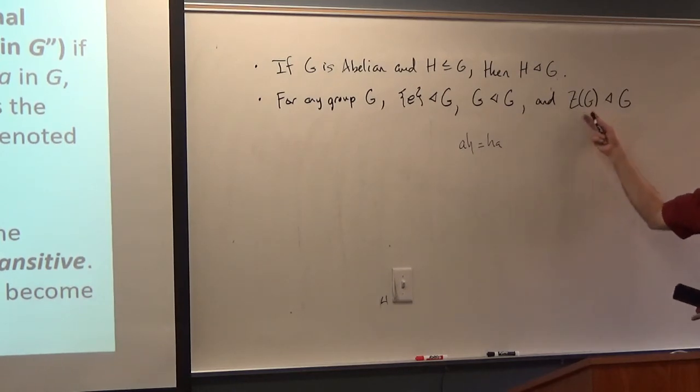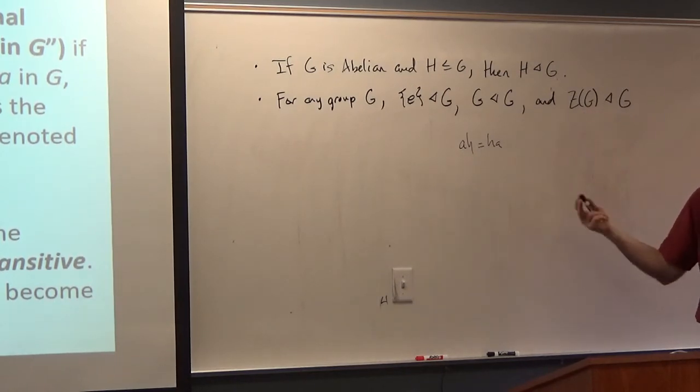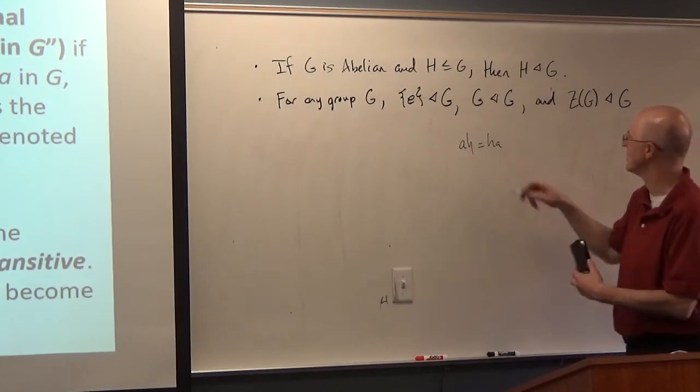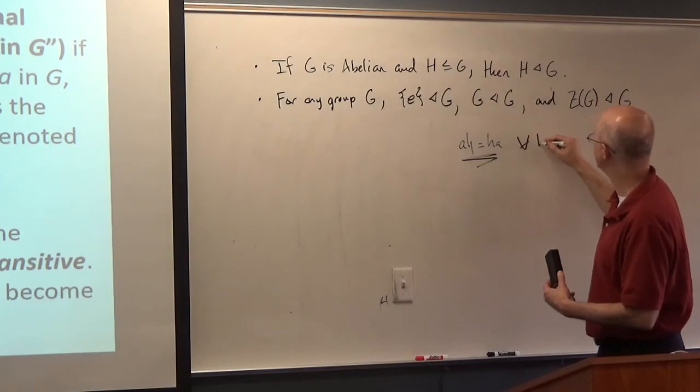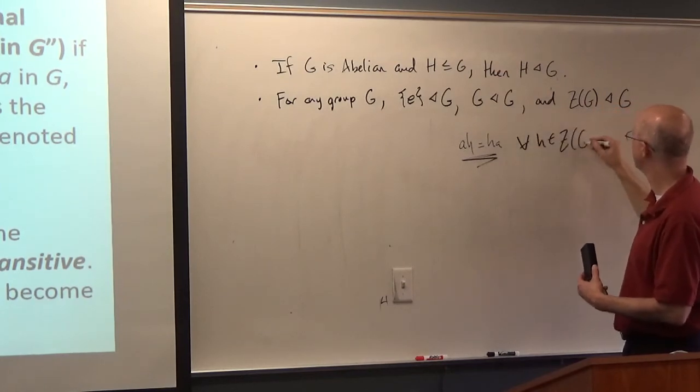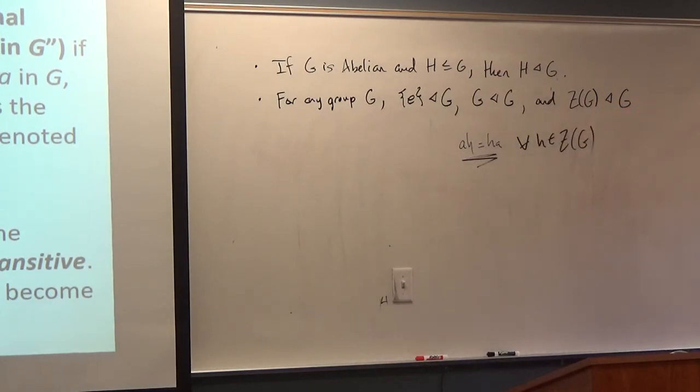The center of G is the set of all things that commute with everything in G. This equation is going to be true for all h in the center and for any a in G. So every left coset will equal the corresponding right coset because of that.